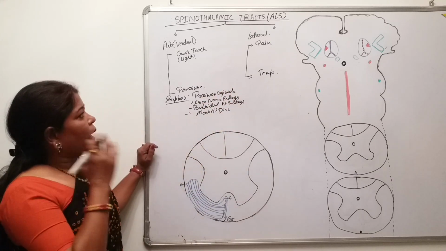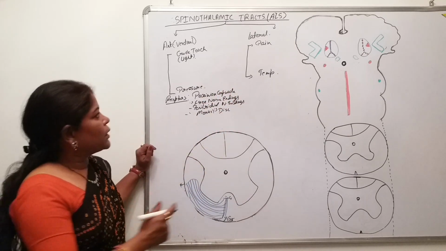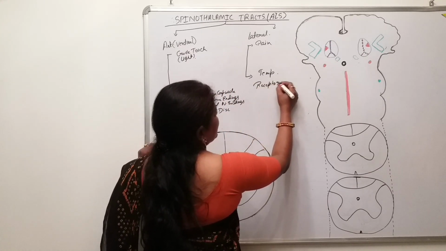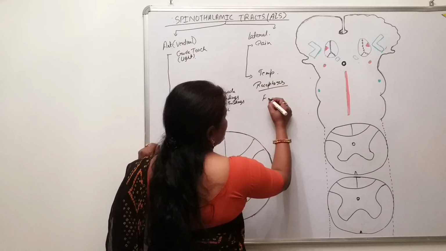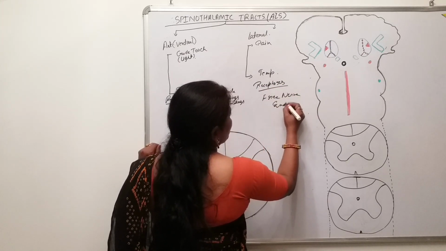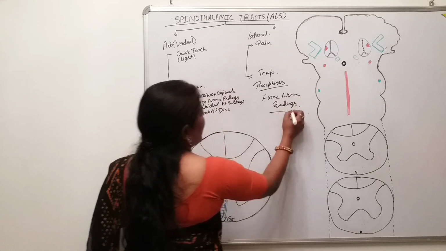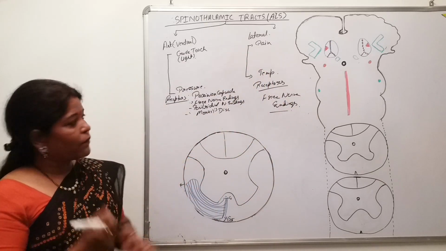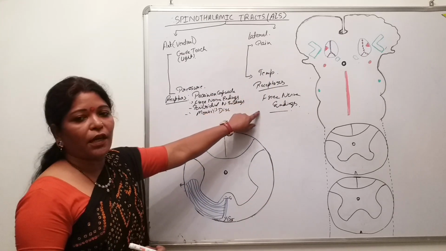So for the pain and the temperature sensation, the receptors present are the free nerve endings. Both the temperature and the pain sensation are received by the free nerve endings.